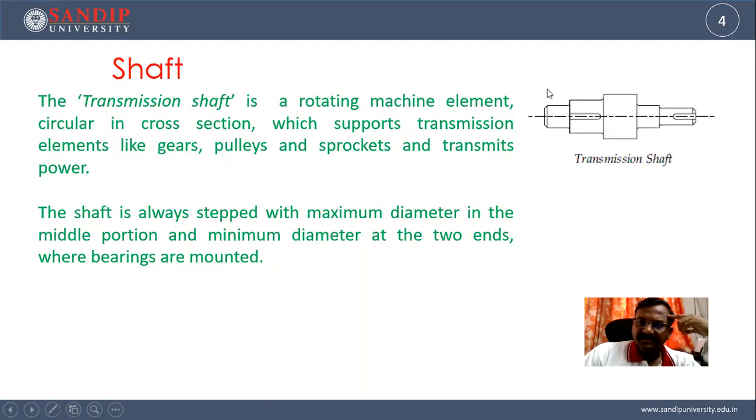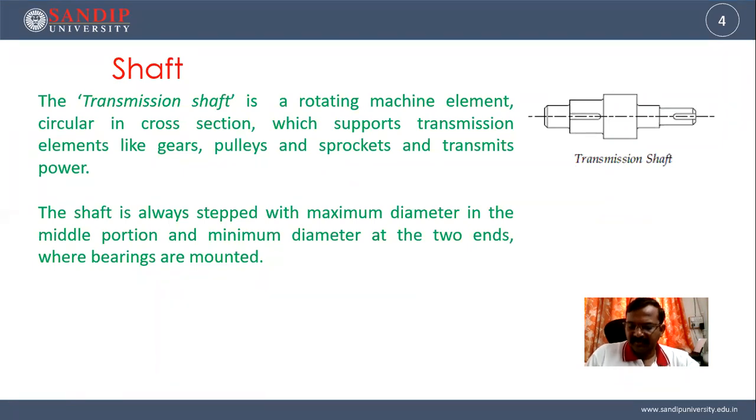If you see the transmission shaft sketch which is shown in the slide, to the very left end you can see a small end. Here generally the bearing will be mounted. Second step, where you can see the keyway groove, there will be some other transmission element mounted, maybe a gear or a pulley or something like that. And third step is just to avoid the interference and axial movement of this particular component.